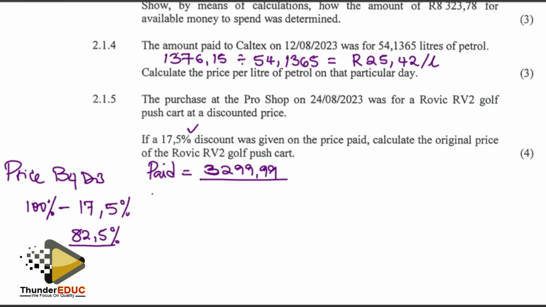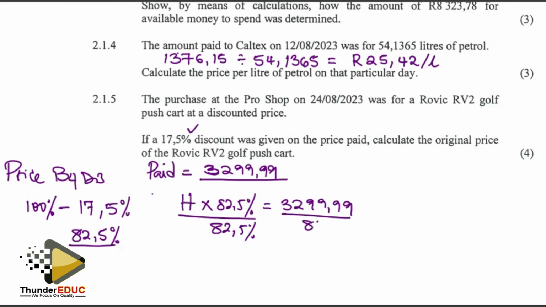That means there was a certain price that was multiplied by 82.5%, and the answer became 3,299. So what we do, we divide through by 82.5%.